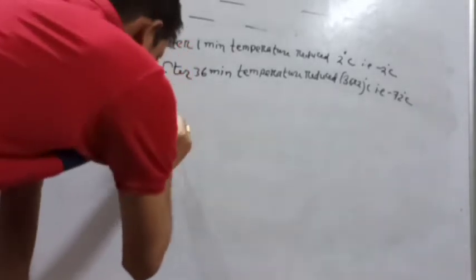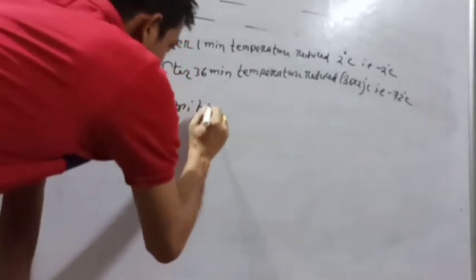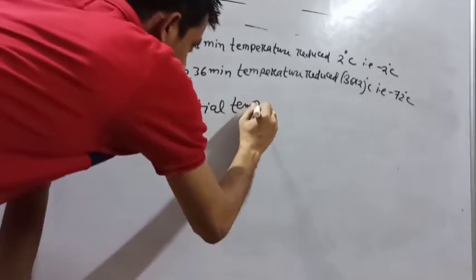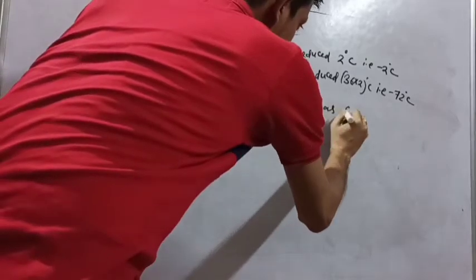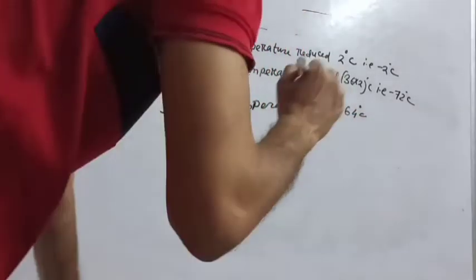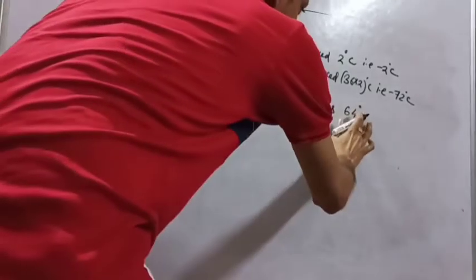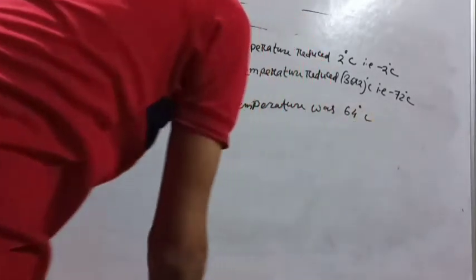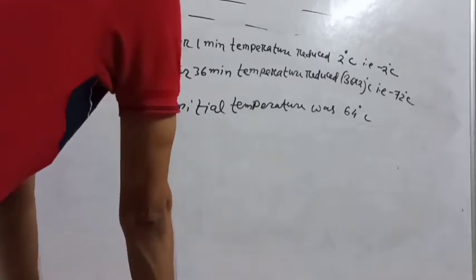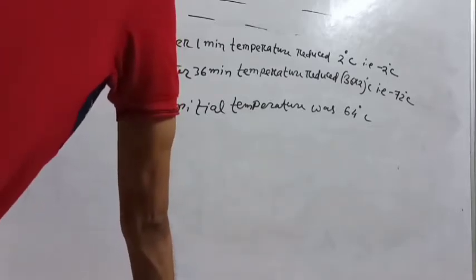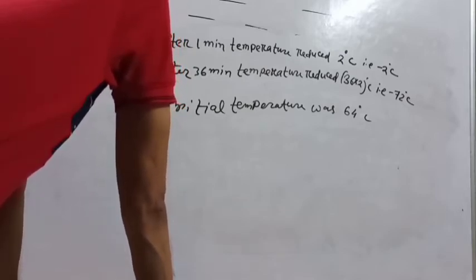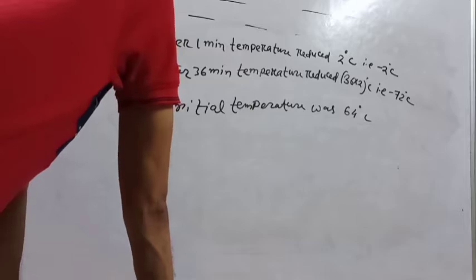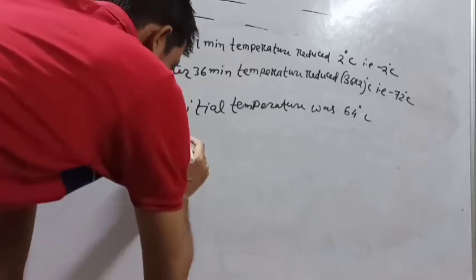The initial temperature was 64 degrees Celsius. Initial means at first. So after reducing, the final temperature is reduced.